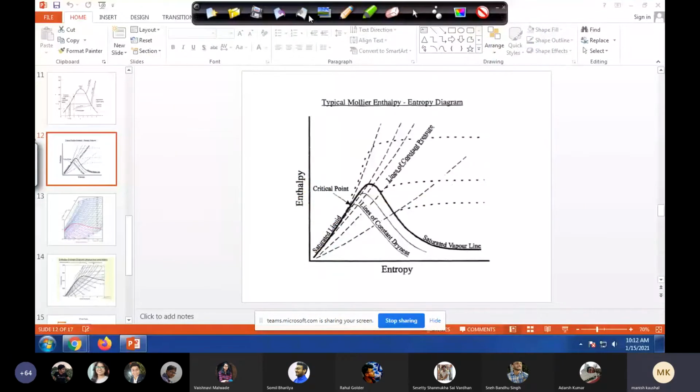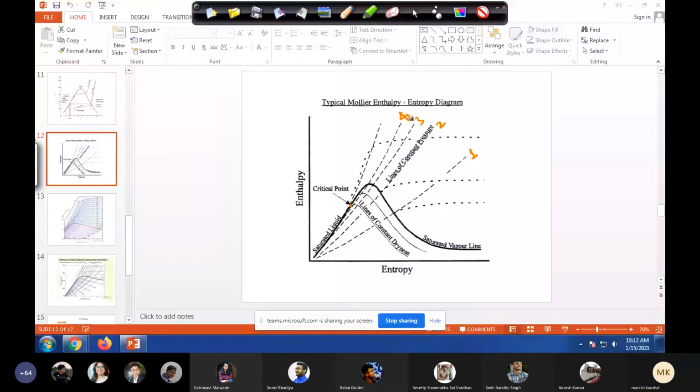Now, let's talk about the critical point. So let's say this is curve 1, curve 2, curve 3, curve 4. As we are going up, pressure is increasing.